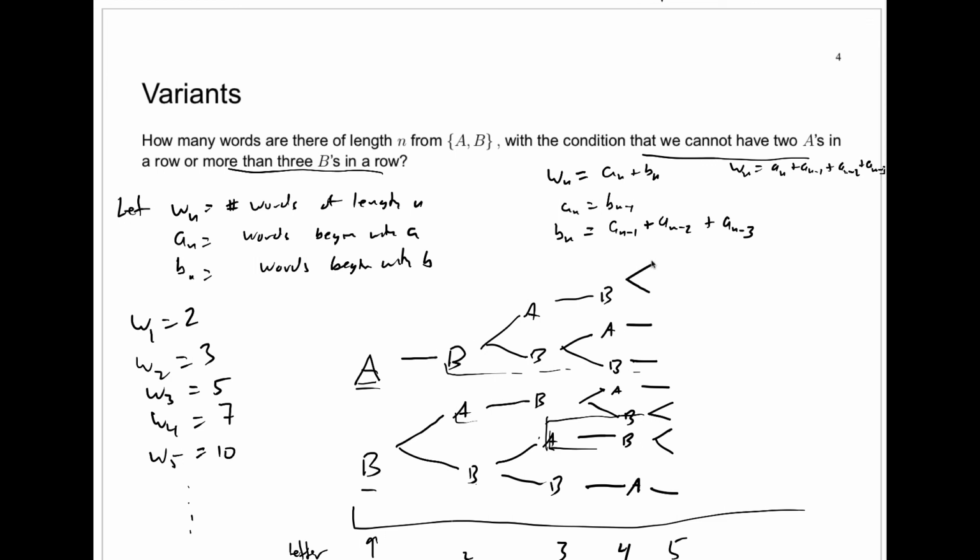Now here's where we're going to be able to get a recurrence. The goal is to get a recurrence for just the sequence W sub n. In other words, eliminate the A's and B's. And how are we going to do that? Well, we can write W sub n in a different way as a n plus b n.